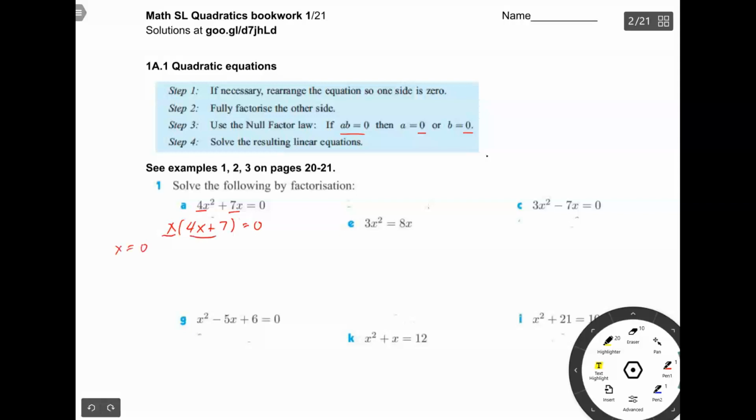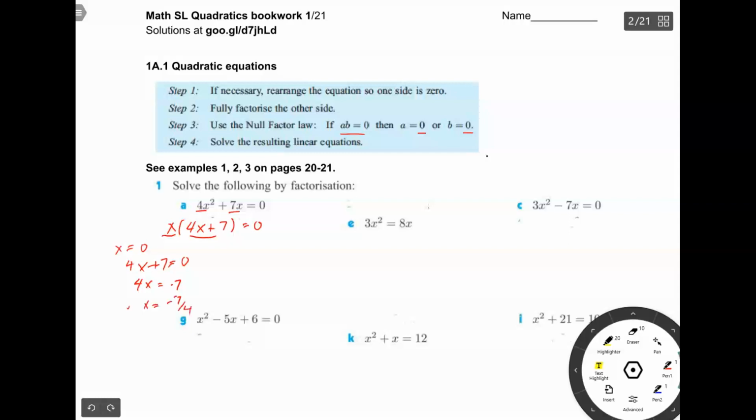If I say the second thing is 0, then that's a little bit harder. It's some kind of fraction, so I'm just going to write it all out. 4x plus 7 equals 0 is what we believe, and then we're going to isolate x by itself. So first thing we're going to do is subtract 7 from both sides. On the left side will be 4x, right side will be negative 7, and then we're going to divide by 4 from both sides, and then the left side will be x, and the right side will be negative 7/4.